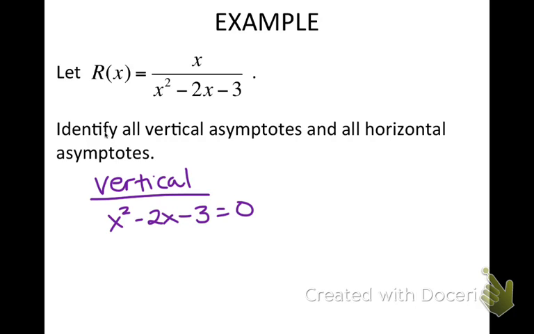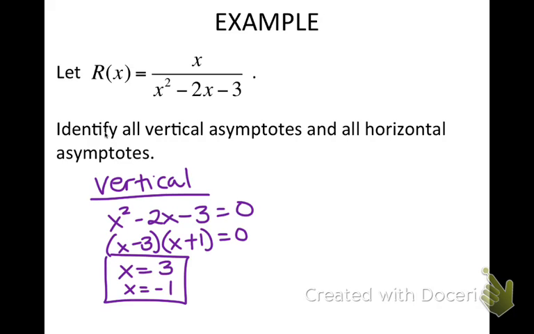That factors to (x minus 3)(x plus 1) equals 0. Are any of those factors in your numerator? No, our numerator is just x. If there was an x minus 3 up there, I would ignore that, and it would not be a vertical asymptote. So x equals 3 and x equals negative 1. There are your 2 vertical asymptotes.